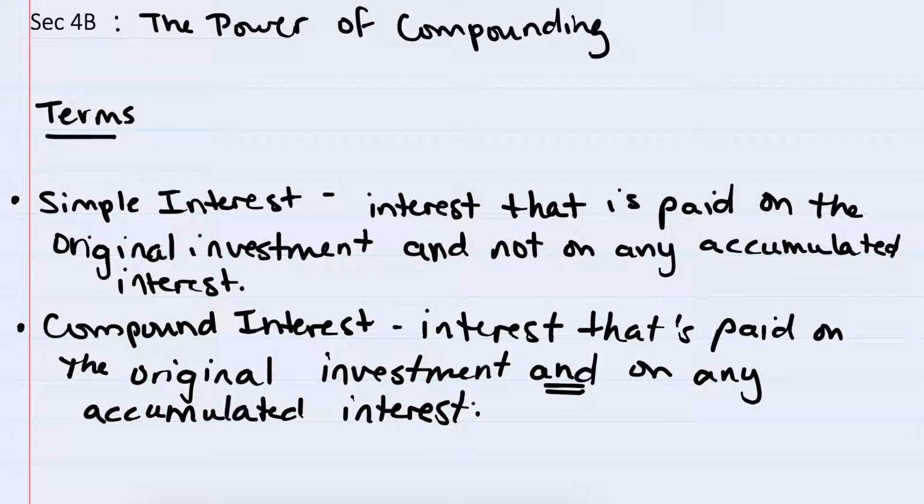So let's go back to that example of you putting $1,000 in your savings account. Well, let's assume that the savings account had 10% compounded interest, and it's compounded once a year.